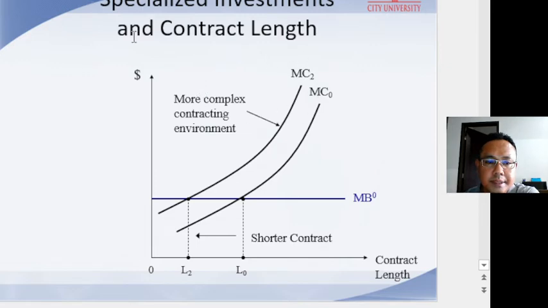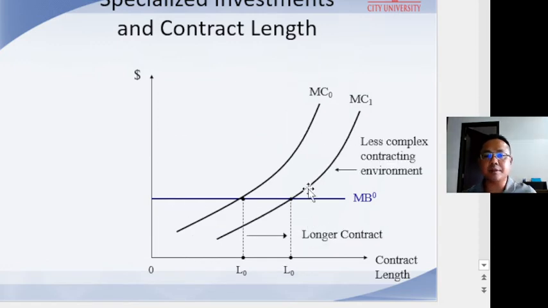This also shows us the specialized investment and contract lengths, when we see a more complex contracting environment. And then this is a line for marginal benefit. For a shorter contract, maybe we can get this point of marginal cost.